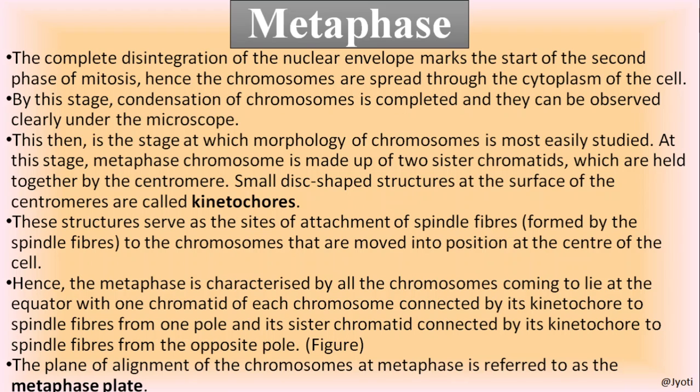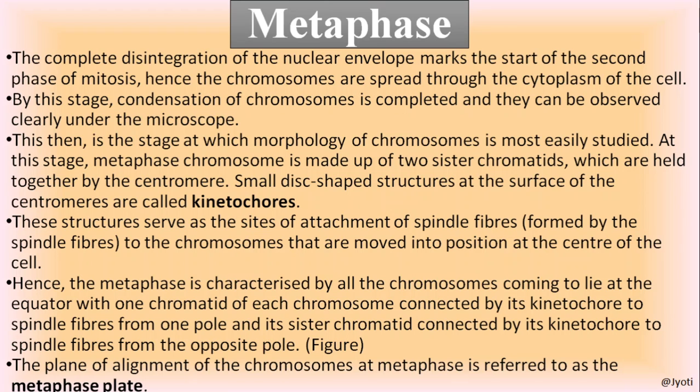And as I said, in the chromosome there are two chromatids which are joined together by the centromere. On the surface of the centromere, two disc-shaped structures are present that are called kinetochore.